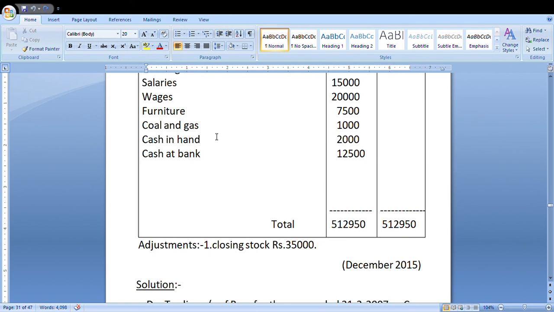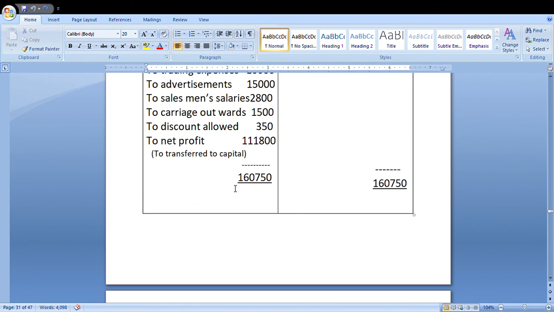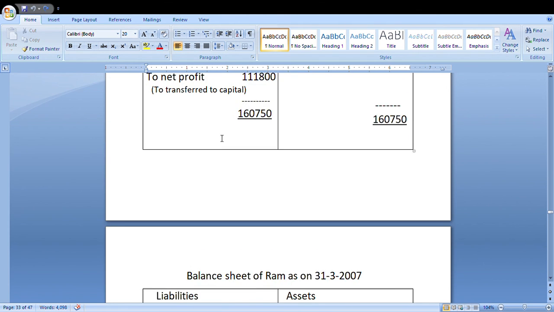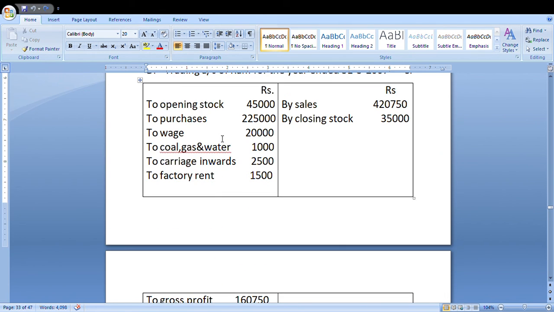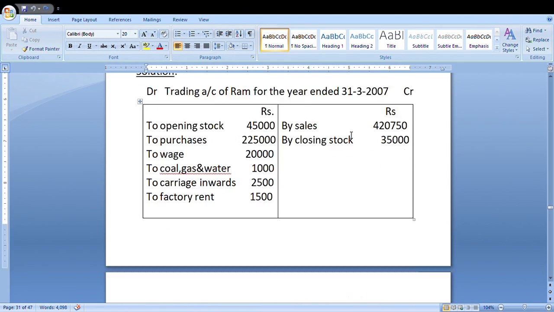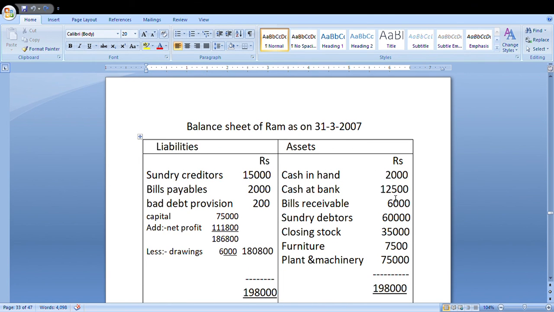Next, coal and gas is over, it enters the trading account. Cash in hand is an asset. Enter the asset side, 2,000. Cash at bank is also an asset. Enter the asset side, 12,500.